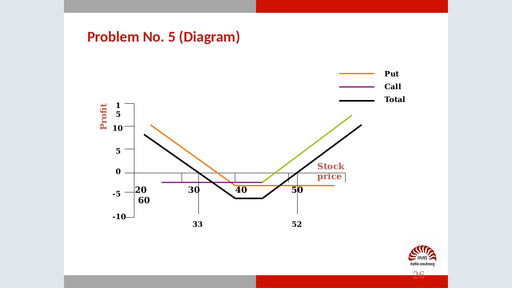When you do the strangle, you assume that you do not know which way the asset price will go. You know the asset price can move up or down, but you are not certain which way, and you want to protect yourself against both. If it moves up, you want the call option so that you can buy more assets at a cheaper price. If it moves down, you want to sell whatever assets you have at a higher price, and therefore you have the put option to help you do that.